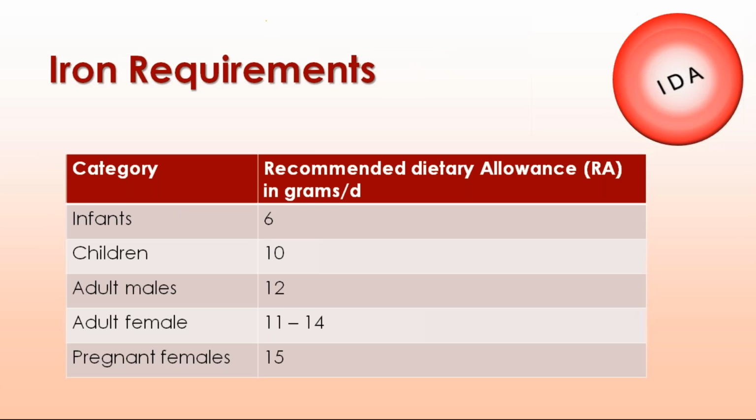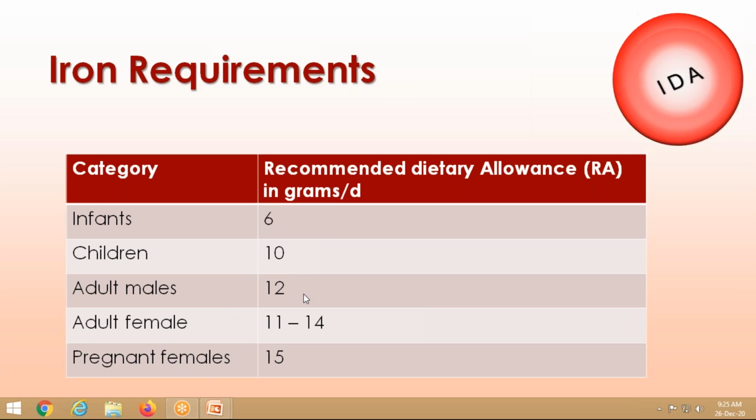What is the normal requirement? Why is there deficiency? Because is the child taking the normal amount of iron or not? So these are the recommended dietary allowances, RDAs. For infants it is 6 mg per day. Children 10 mg.